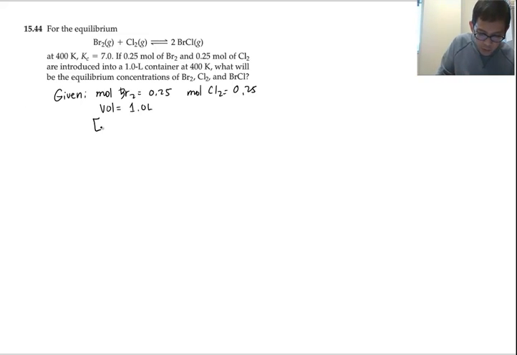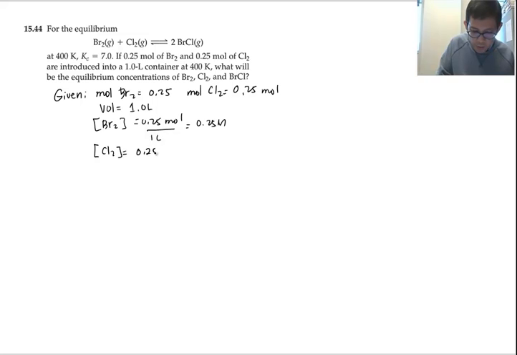So the concentration of Br2, the molarity, is moles per liter: 0.25 moles over 1 liter, 0.25 molar. Likewise, the concentration of Cl2 is 0.25 moles over 1 liter, 0.25 molar.